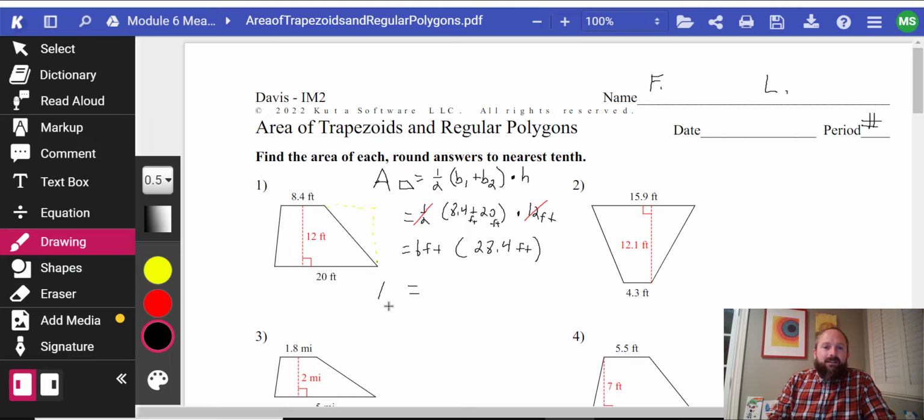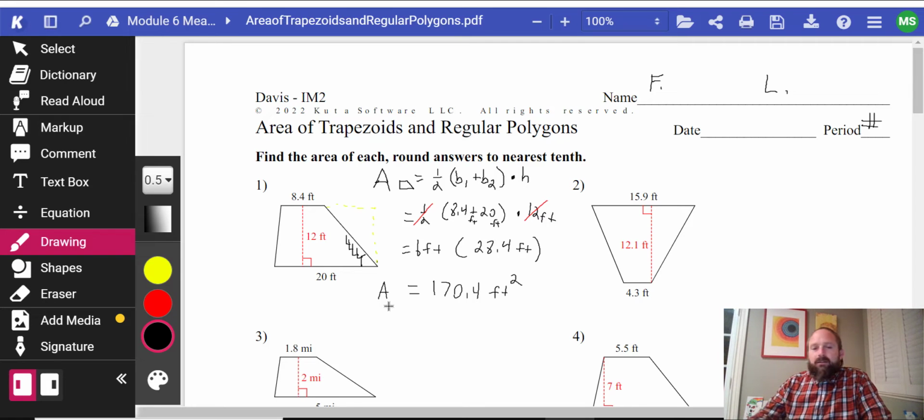So the area is equal to 170.4. But wait, there's going to be 170.4 what inside? Little boxes. So this is 170.4 square feet, or feet squared.